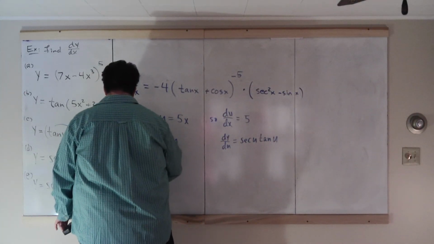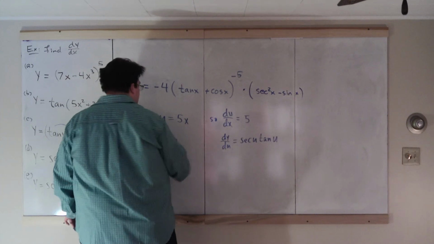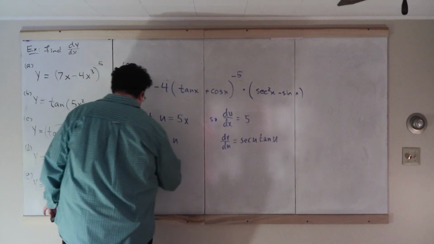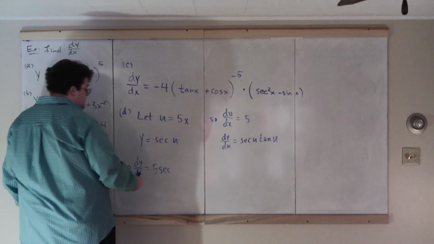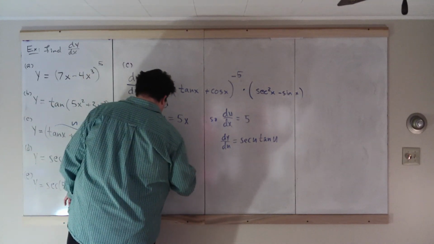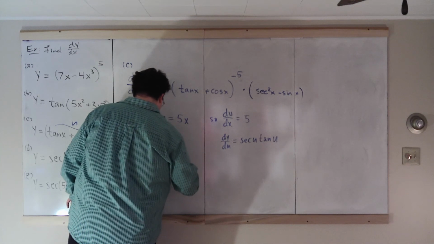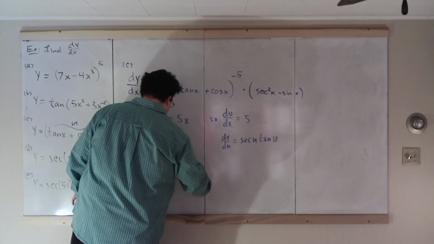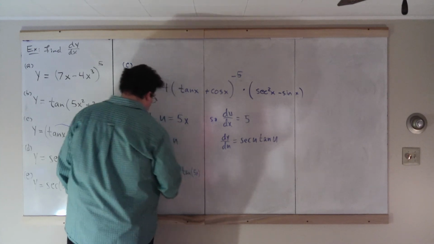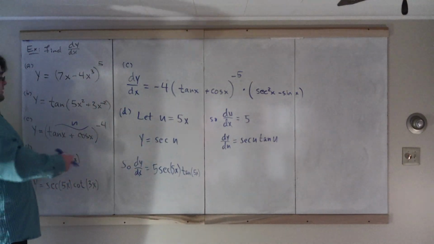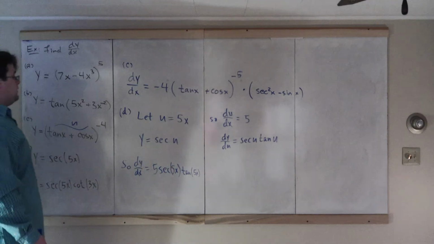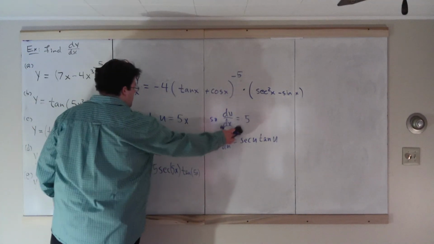Well, now dy/dx is given by their product. So 5 secant of u, I'm going to get rid of u in this step, 5 secant of 5x tangent of u, so tangent of 5x. So the derivative of secant is secant u tangent u. du/dx is 5.